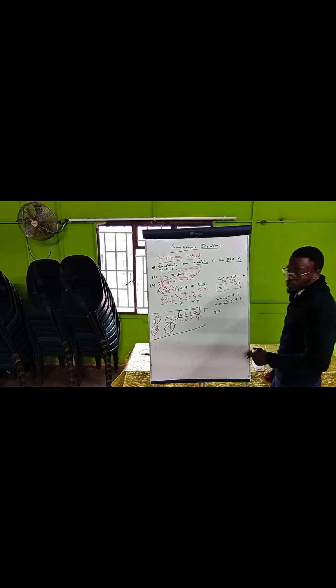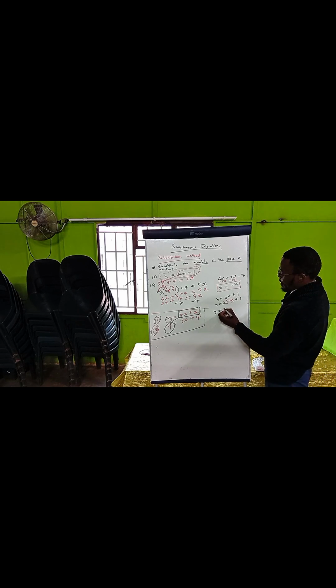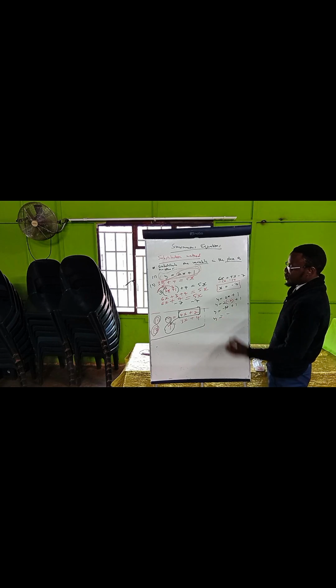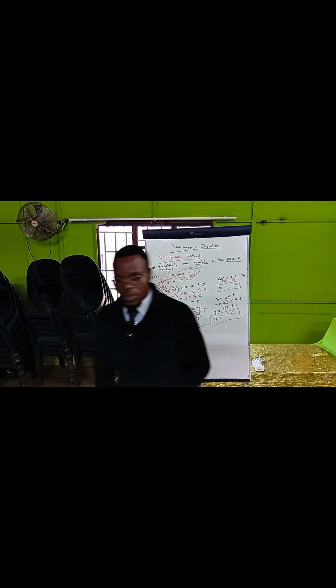So y is equal to 2 times negative 7, which is negative 14, plus 1, and the answer is negative 13. So these are the answers: y is equal to negative 13 and x is equal to negative 7. This is how we use substitution.